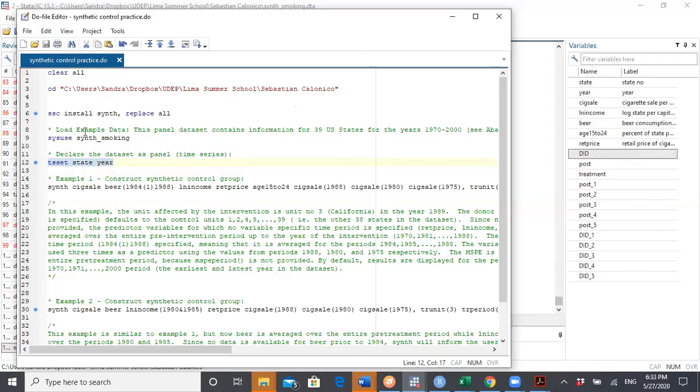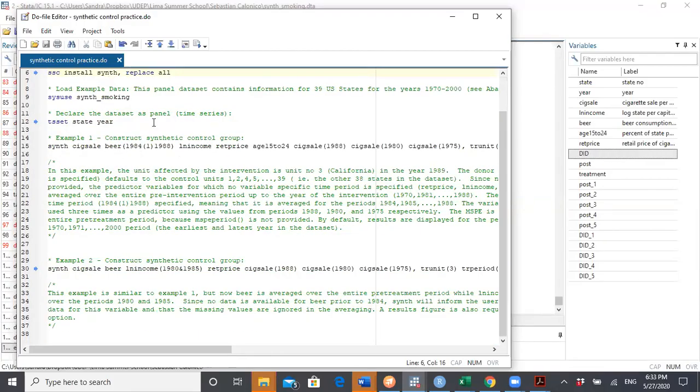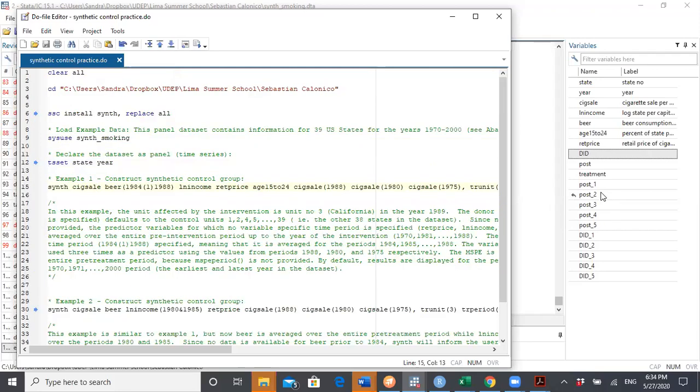So the command is synth. So it's just ssc install synth. And it's important that you declare that you have a time series. So then to construct the synthetic control, pretty simple. So you can see here, I think those are estimates or something.